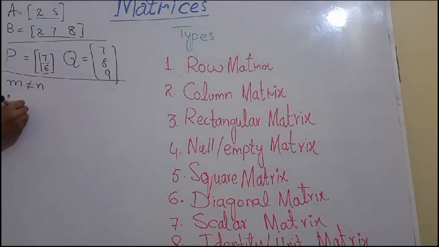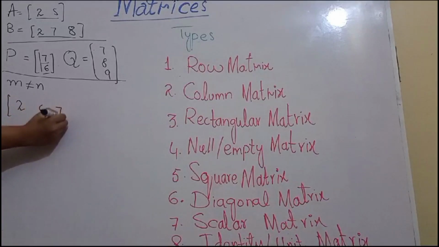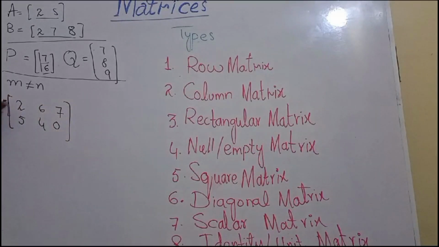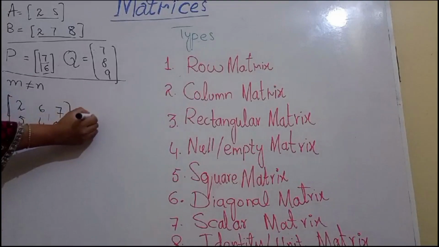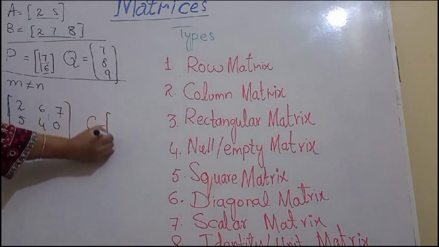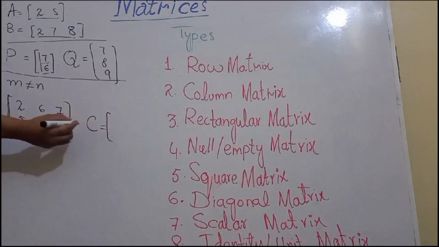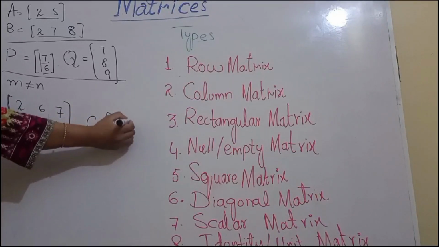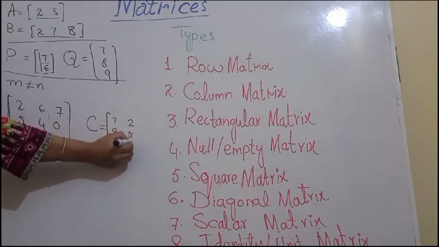Here is 2, 6, 7 and 5, 4, 0. That is a case of a rectangular matrix. As you can see, there are 3 columns but 2 rows. Let's take another example, C, and suppose we write 7, 9, 0, 2, 5, 6.